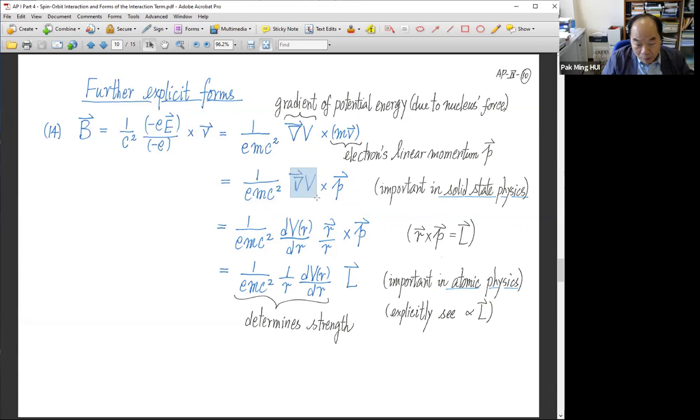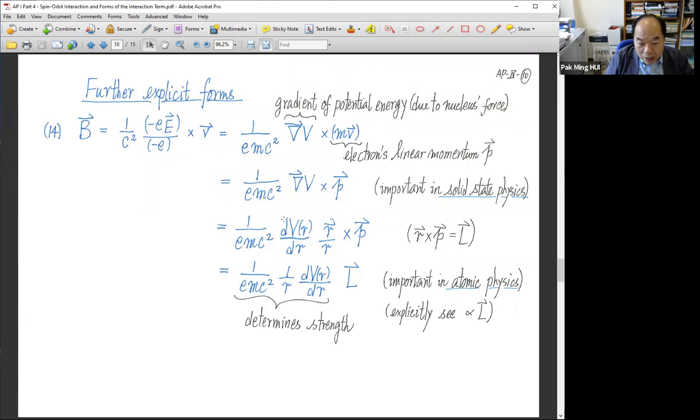And up to this point, this need not be a central force. As I said, in a solid, you have a dense array. The nuclei form a square lattice, for example a simple cubic, and at any position there, you can hardly find something that is central, right? Because the contributions come from many different nuclei. Nonetheless, up to this formula it is still okay.